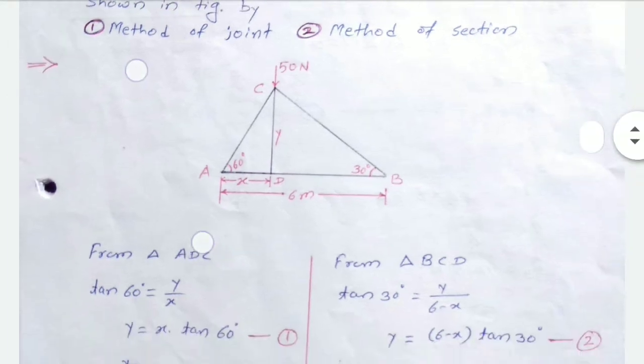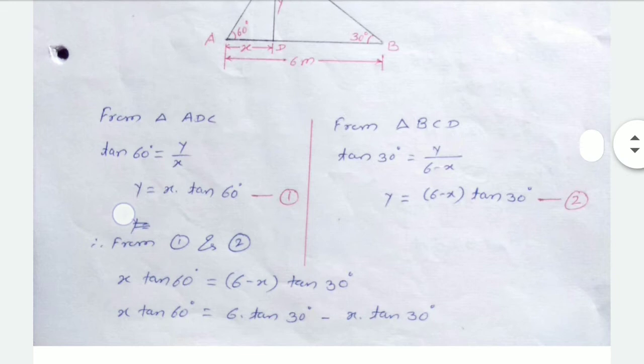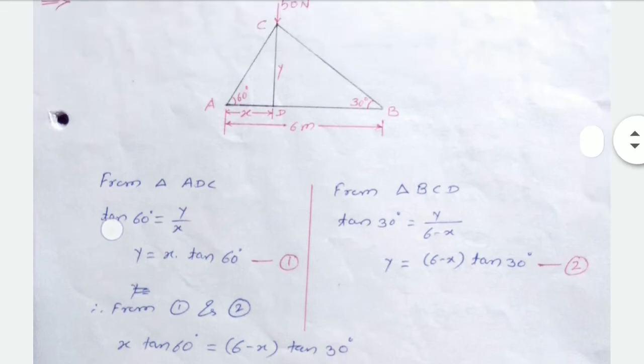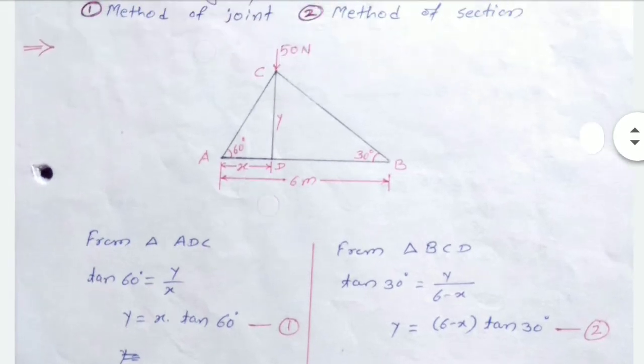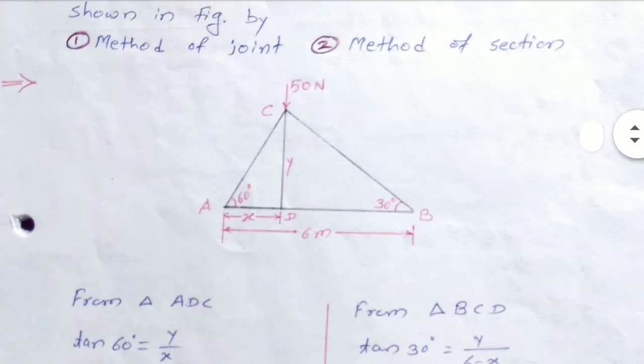By resolving these forces, we first have to find out x. We are solving this by the method of joints. From this figure, we have the angles, so we can take the triangular section ADC, and the whole section BCD.